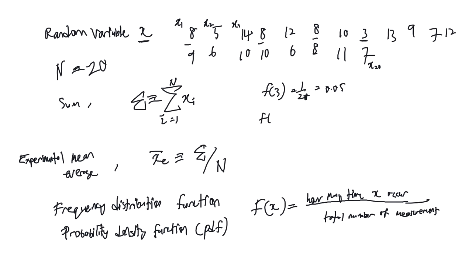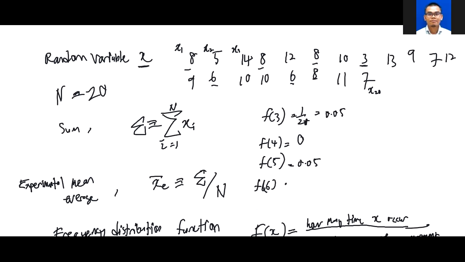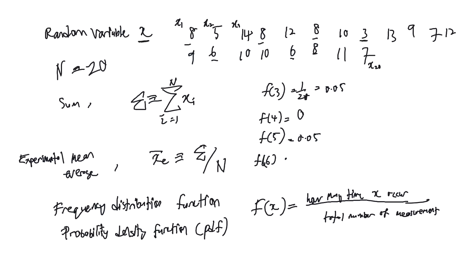And then f4, none, so it's 0. f5, only 1, so that is 0.05 again, same as f3. f6, there is 1 and 2, so 2 over 20, so that is 0.1.